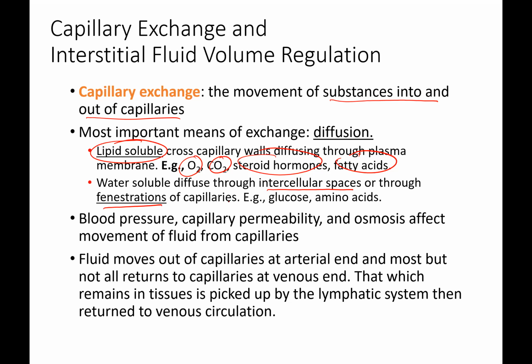Capillary permeability and osmosis, or osmotic pressure, does govern blood pressure. It does contribute to our pressure, as does the movement of the fluid from the capillaries.